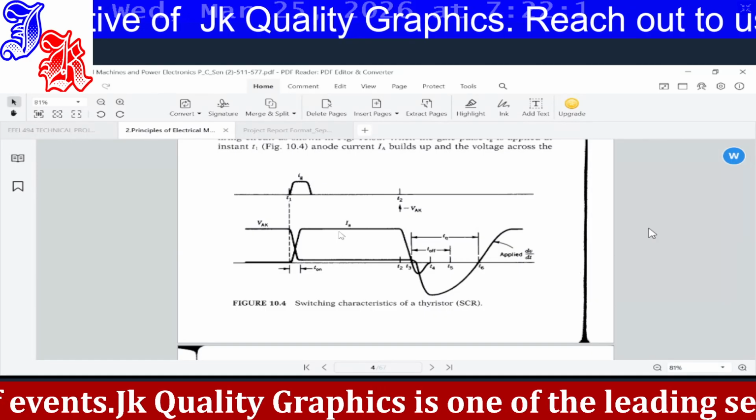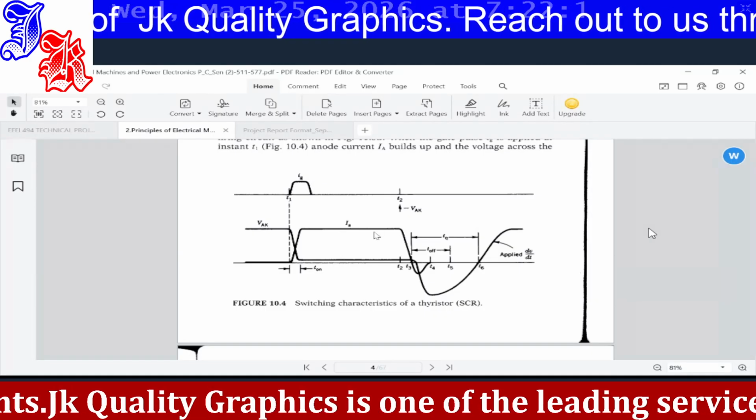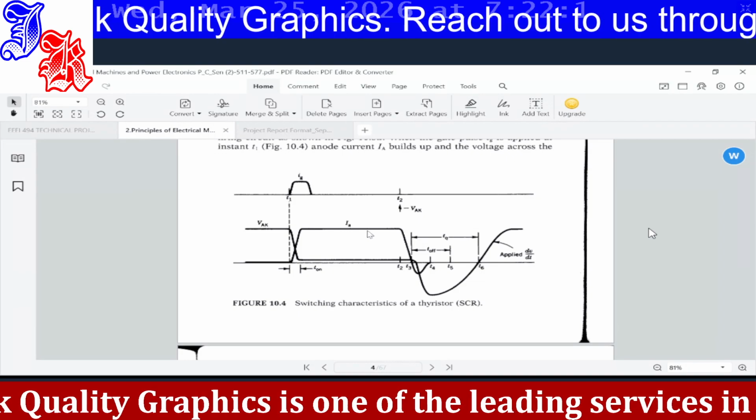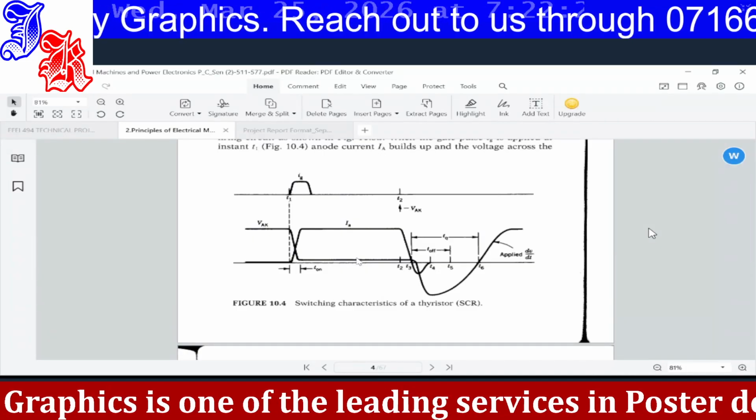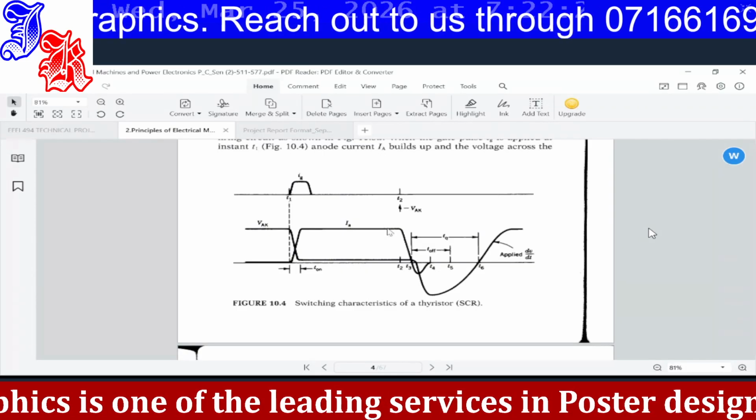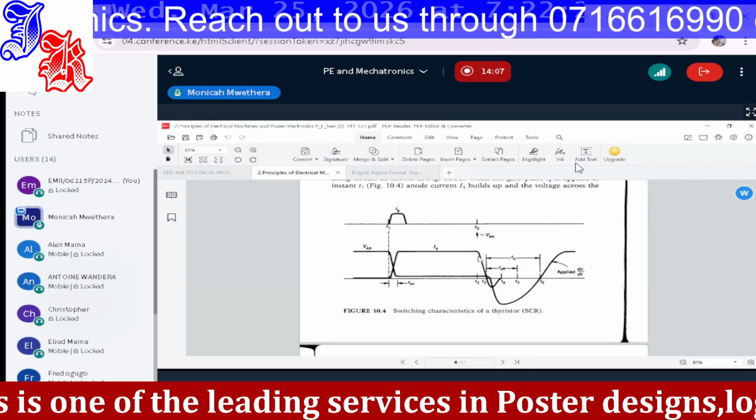So it will continue conducting through that flow of a lot of current with less voltage. But if we need to switch it off, we reduce the IA or the anode current to zero.